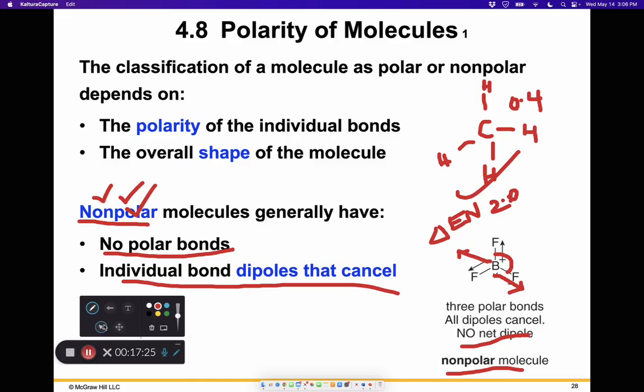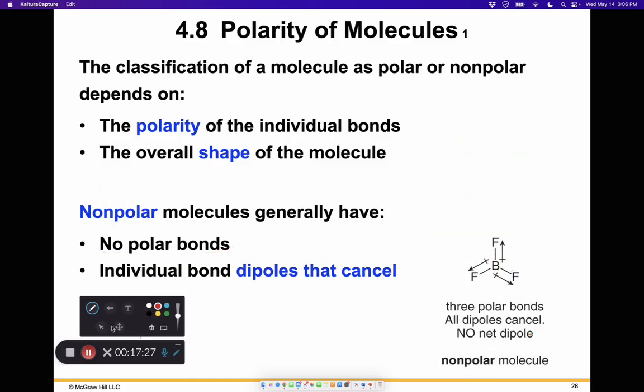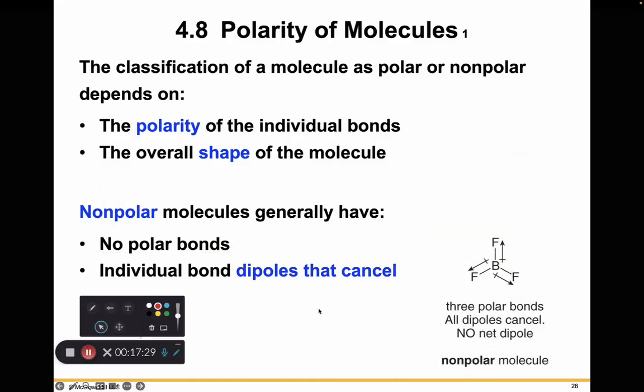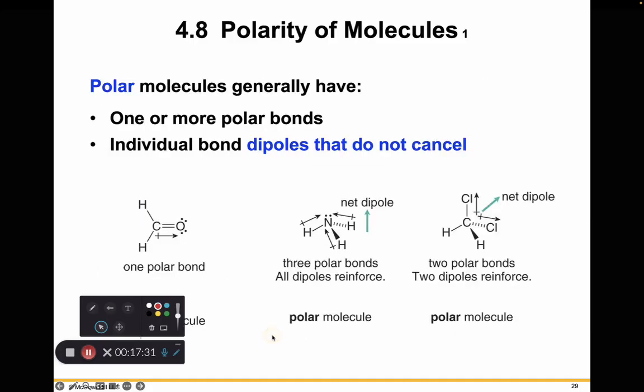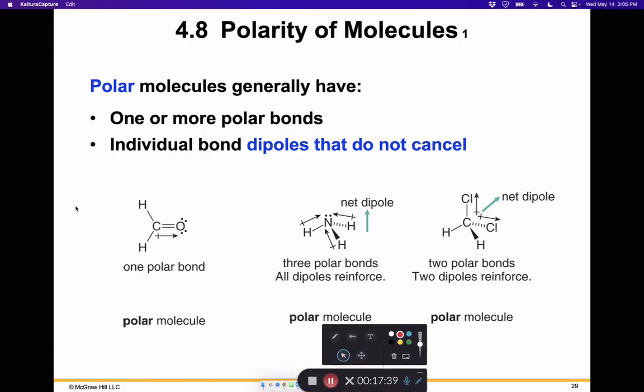Now let's see the condition where we will get a polar molecule. Generally, if we have only one polar bond, let's see with an example. We have only one polar bond, the oxygen is more electronegative than carbon and it is pulling the shared pair electron more towards itself.